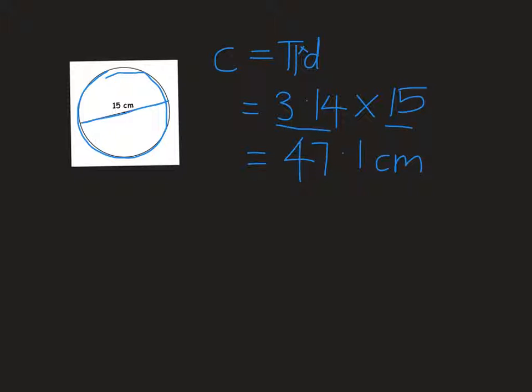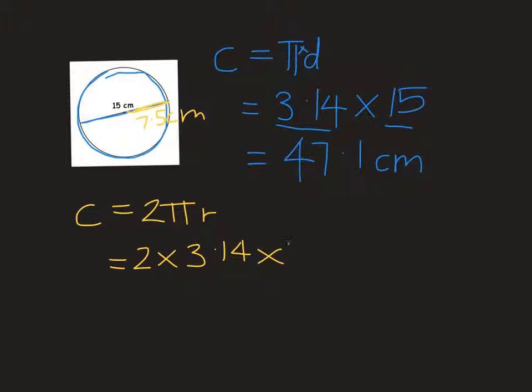Same thing, you could also use the circumference is equal to 2 pi r, or 2 times pi times the radius. You would just need to halve the diameter, which will give you a radius of 7.5 centimeters. So that would make it 2 times pi, which is approximately 3.14, times 7.5 centimeters. You can see that gives 6.28 times 7.5 centimeters.